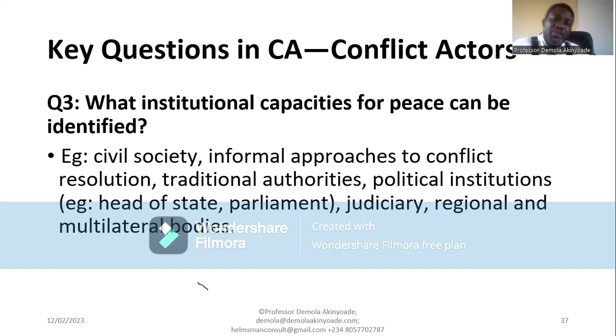But one of the most important institutional capacities for peace here rests in the judiciary, particularly the Presidential Election Petition Tribunal, because the parties know that they can take their cases to such places. Now, let's say you are the conflict manager in charge of this conflict.